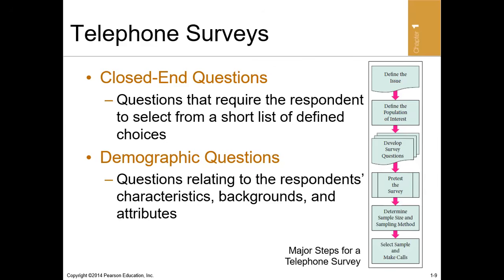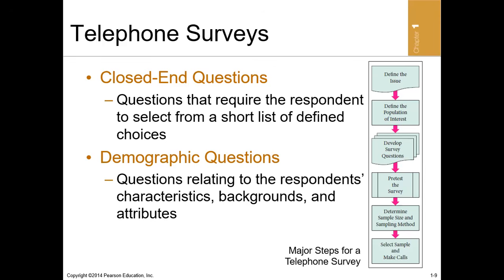Now, whether I'm collecting data from respondents through questionnaire or telephone, I may employ what we call close-ended questions. So close-ended questions, when I pose the question to the respondent, it means that I will give the person a predefined set of choices.